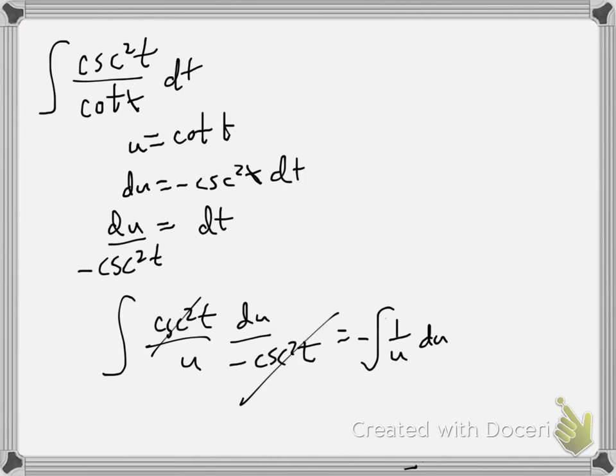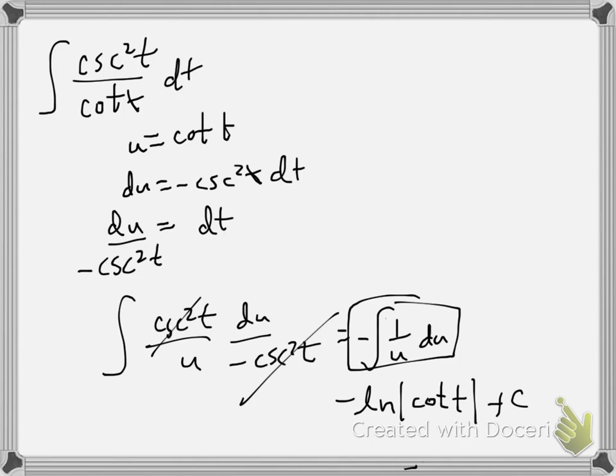Put the negative out front. So negative natural log cotangent t plus c. So this one was not using one of our memorized rules. When you get it down to here, you're still taking the integral. And if it's not one of those trig functions, you're just doing the regular old integral.